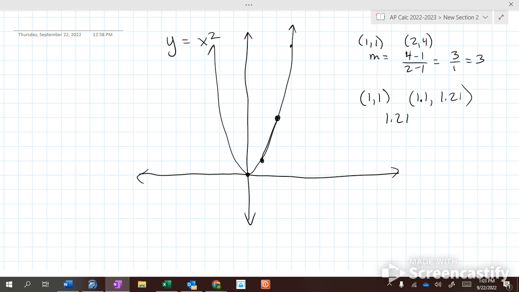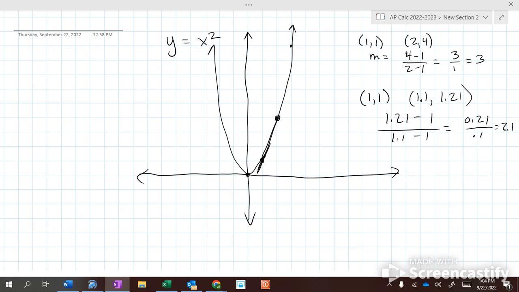If we go 1.21 minus 1 over 1.1 minus 1, we get 0.21 over 0.1, which is 2.1, which isn't really close to 3. So we got a lot closer, which would probably be a lot closer to the slope there.